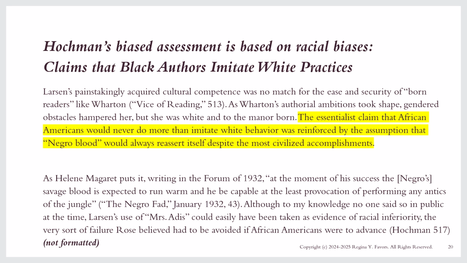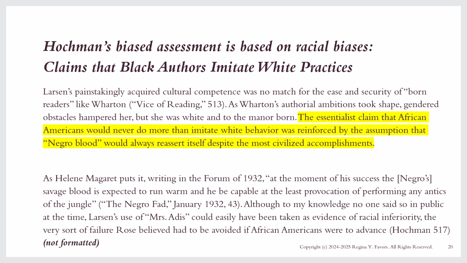Although to my knowledge no one said so in public at the time, Larsen's use of Mrs. Addis could easily have been taken as evidence of racial inferiority, the very sort of failure Rose believed had to be avoided if African Americans were to advance.